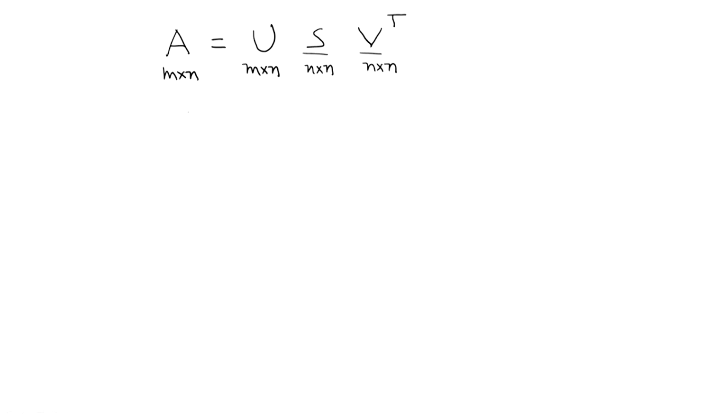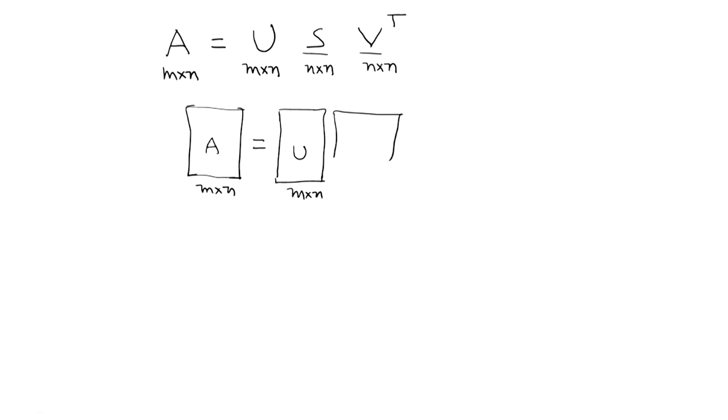So if I have a matrix A of size m by n, from the size itself you can see this A has more rows than columns, then it will be equal to an m by n matrix U, and then an n by n matrix S which is diagonal, and V transpose.